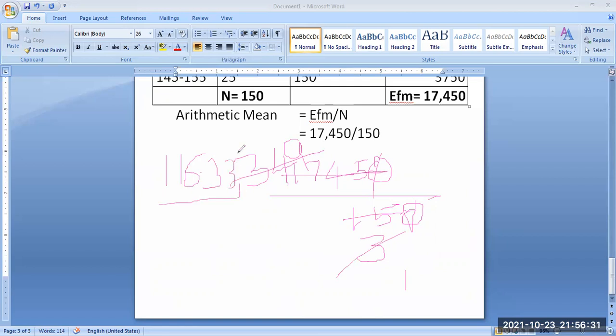Is it correct? You please cross check. 116, correct. Did you understand? You please copy it. Did you finish? Yes, sir, finished.